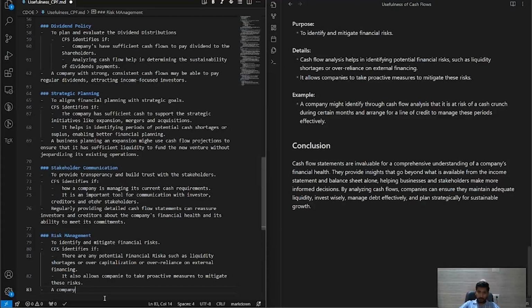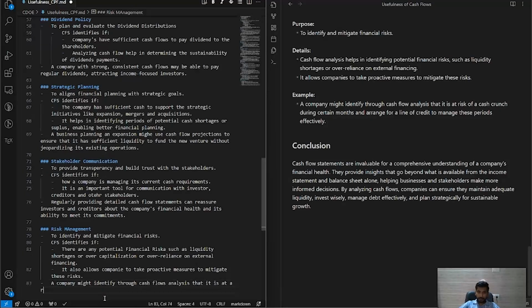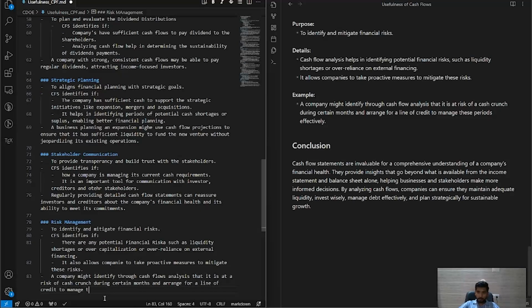For example, a company might identify through cash flows that it is at a risk of a cash crunch during certain months and arrange for a line of credit to manage these periods effectively.